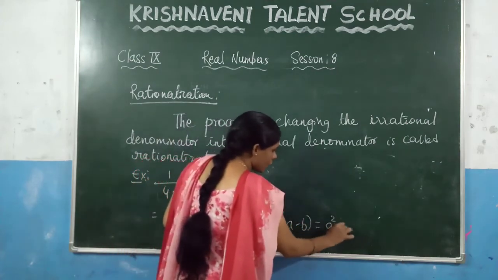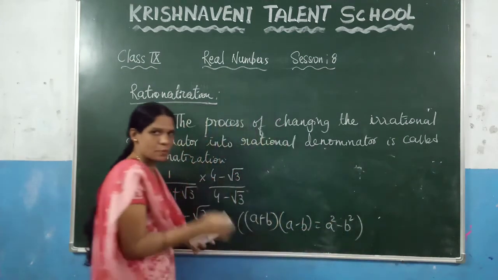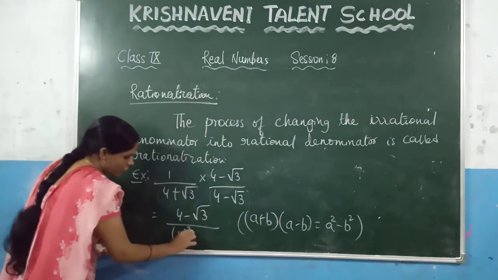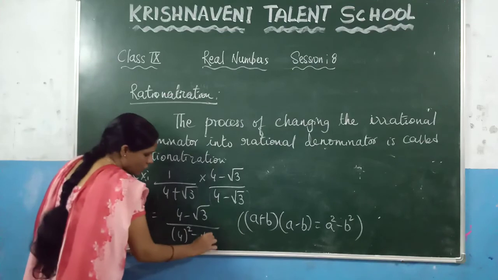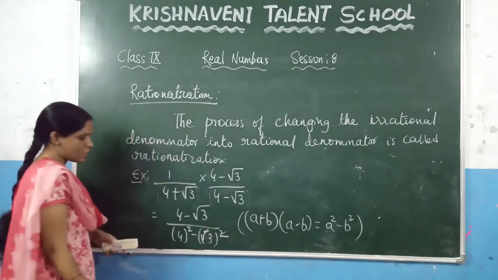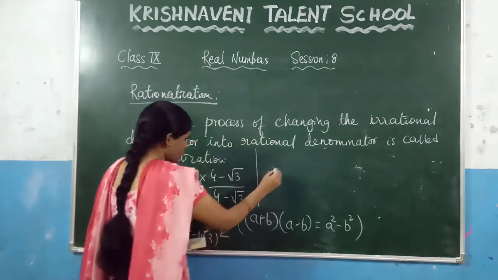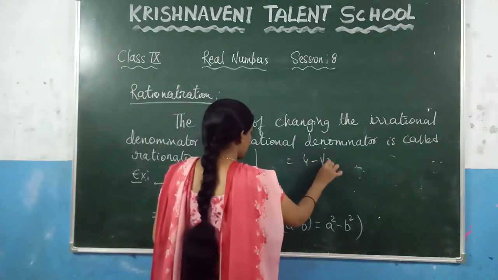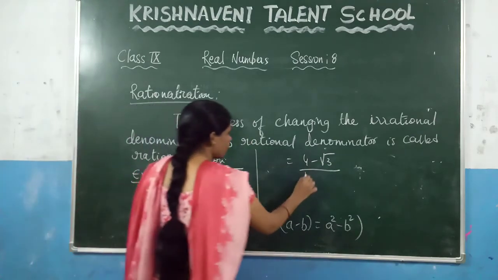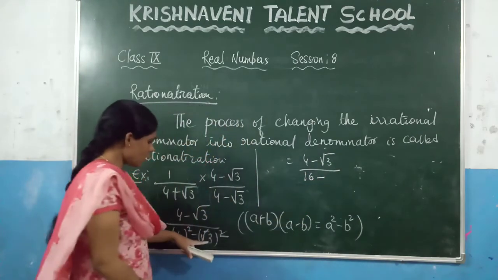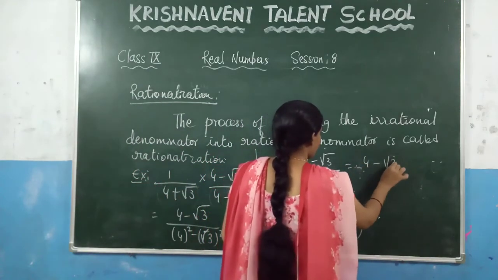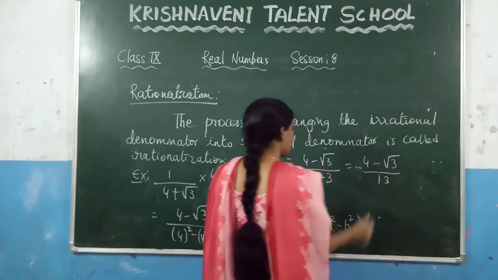You already studied in the 8th class, it is a square minus b square. So the value of a here is 4: 4 square minus root 3 whole square. This square will get cancelled, and you get 4 minus root 3 by 4 square, which is 4 into 4, 16, minus 3. So here 4 minus root 3 by 13.